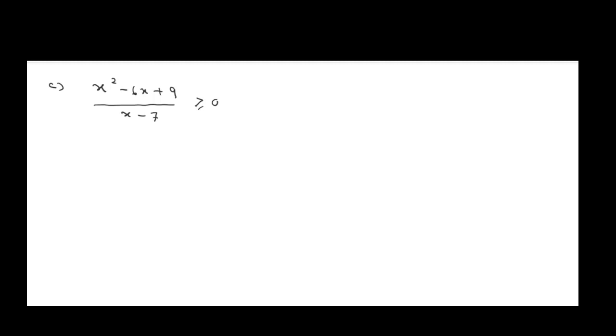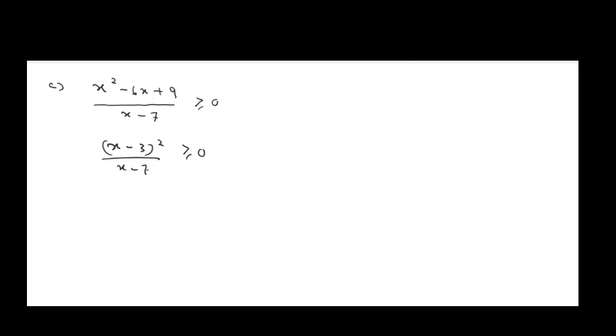What we have to do here is simplify the numerator in the fraction, where the numerator we can factorize. So x squared minus 6x plus 9 is x minus 3 squared over x minus 7 greater or equal to 0.